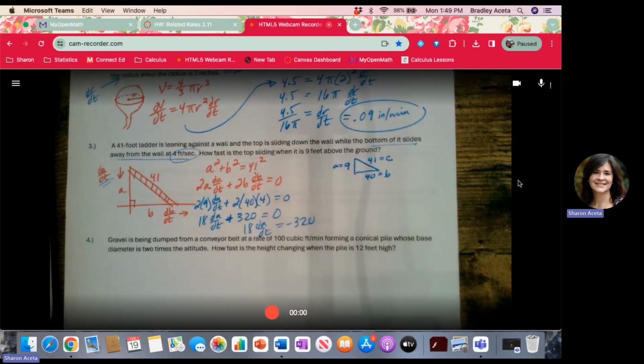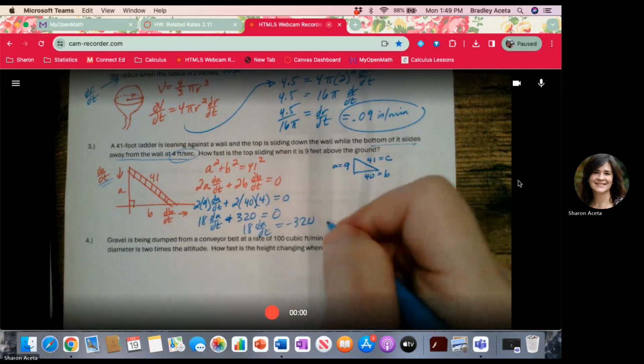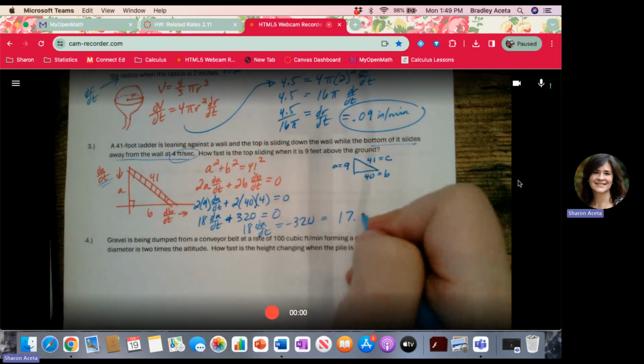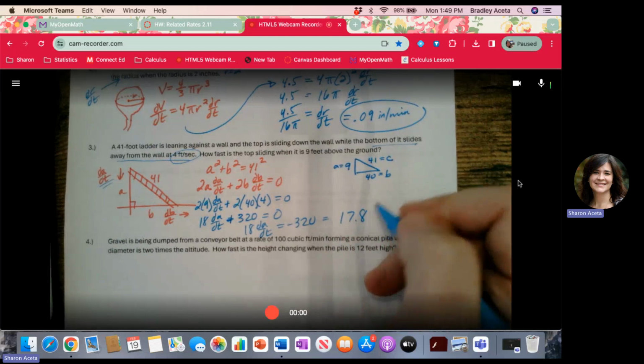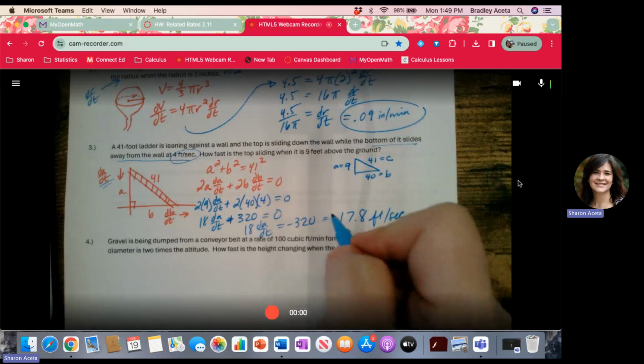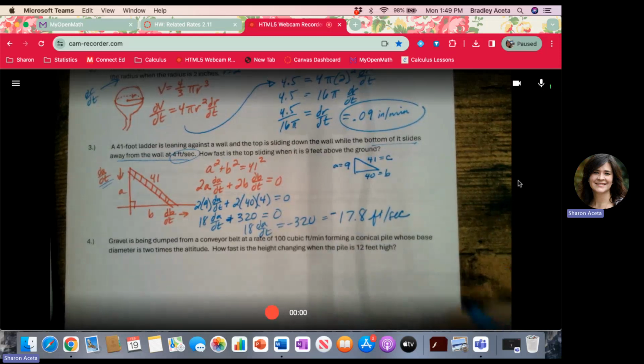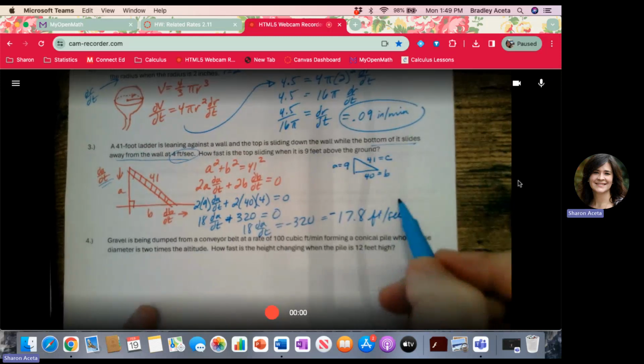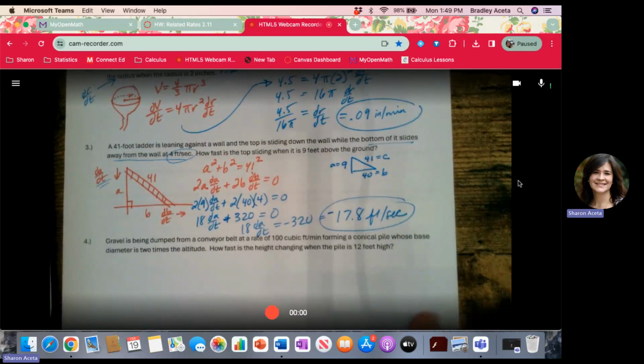And then 320 divided by 18 is 17.8. And we're talking about feet per second. Now, here's the thing. I got it negative. Why is it negative? Well, remember, that's the rate at which we're sliding down the wall. So it's talking about position and going down the wall.